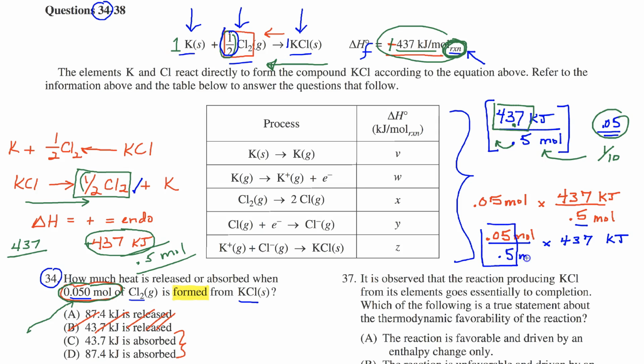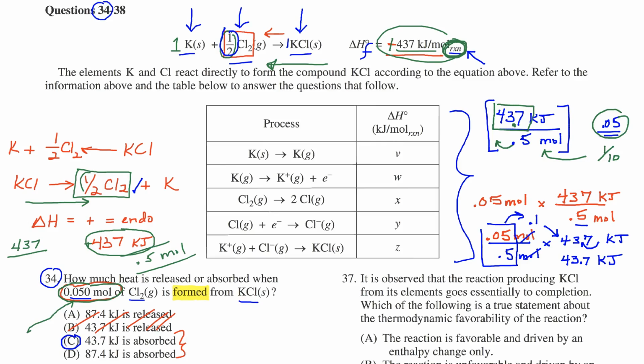So this is mole over mole, so that would cancel. But the point is, 0.05 is a tenth of 0.5. And then you take that, this is equal to 0.1, right? And then you're going to times it by this number. And that makes this decimal go smaller by a point, and that's why it's 437 kilojoules. All right, so that's why number 34 is C.